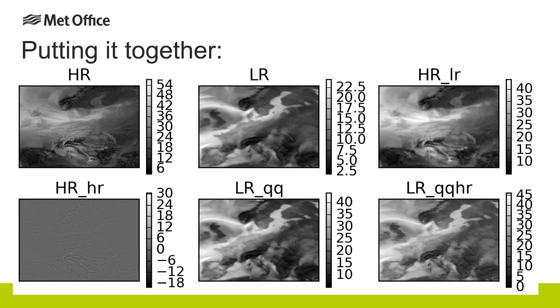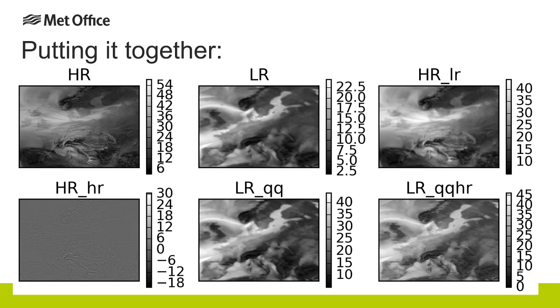Putting it together, I bring you an example here of a previous project that we did for European windstorms. On the top left, you see one full high-resolution complete storm footprint. Next to it in the middle, you see a low-resolution storm, which is fairly similar, but you see much broader features, much lower extremes, and so forth. On the right-hand side, you see the low-resolution component of the full picture on the left, which is showing a much lower resolution image.